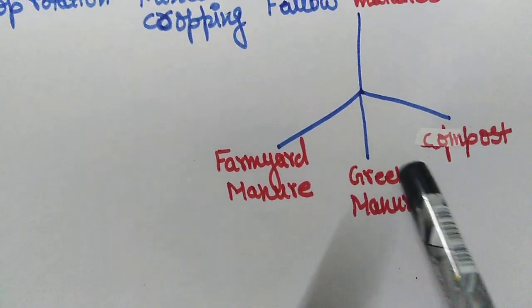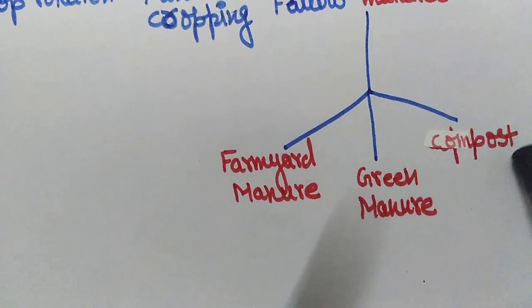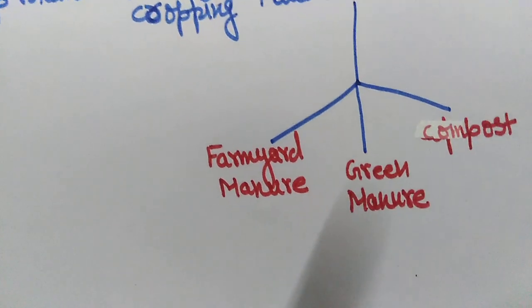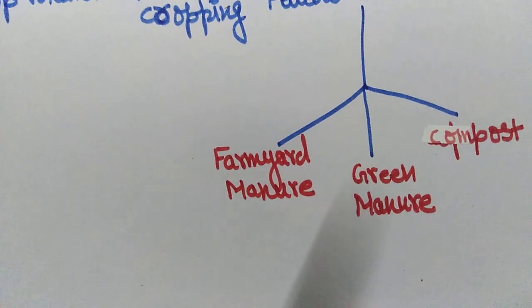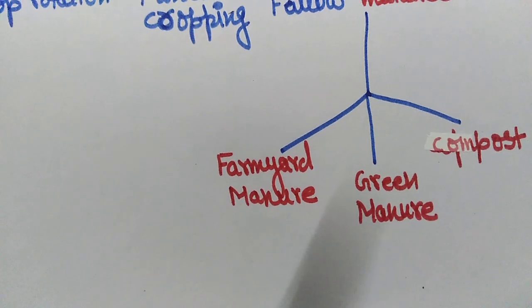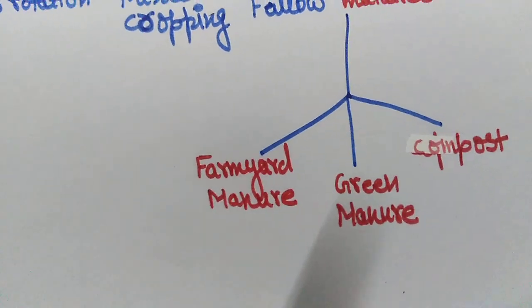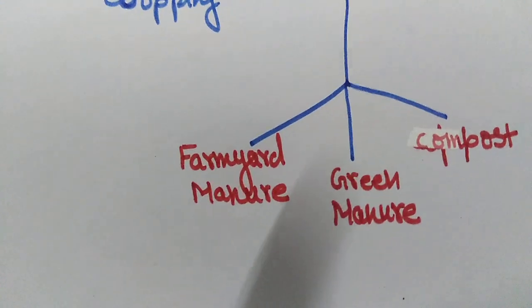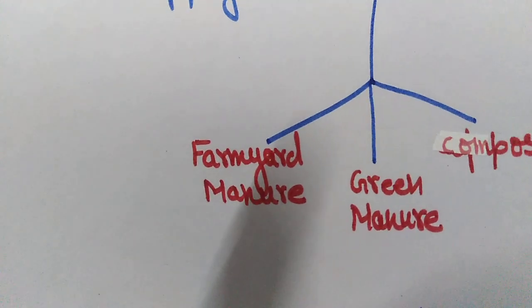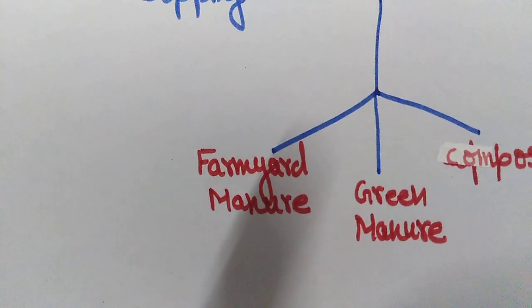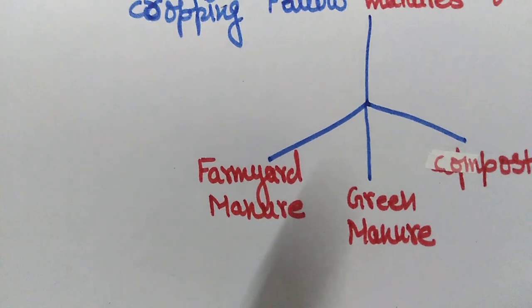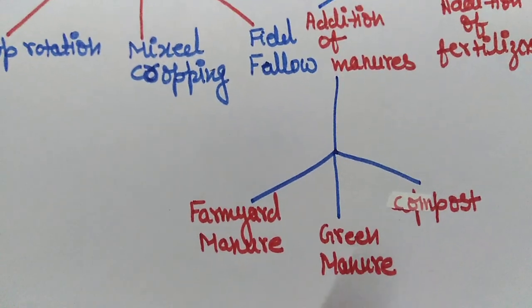And I know, dear student, you are very much familiar with the third one, compost. Yes, you have already learned about compost and vermicomposting also. Now, dear student, we will discuss all these three types of manures one by one.